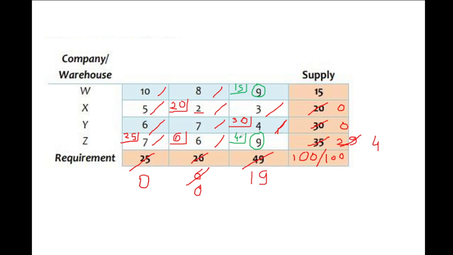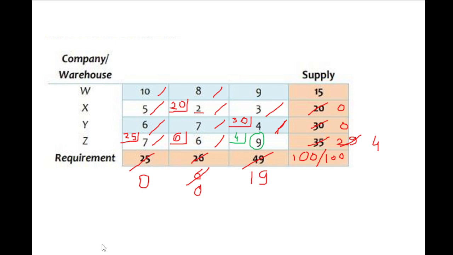So which one should I select? I should go for the minimum one. Okay, so I will select this one and I will erase this one. I have mentioned this with the green, so you can get the idea. Since this is the repeated one, this is the tie case, so we will use this one.